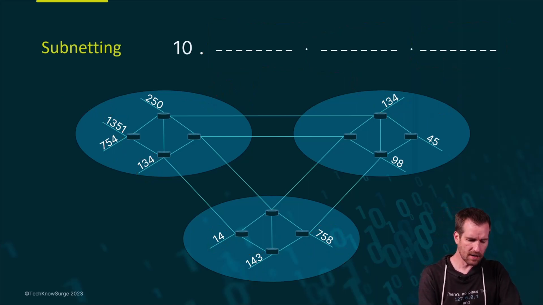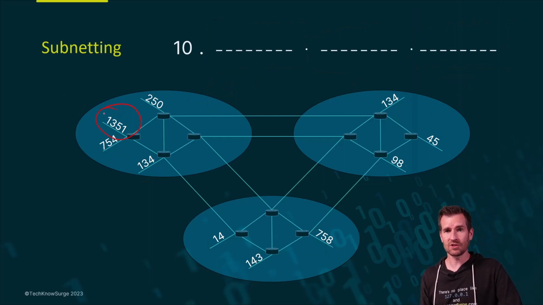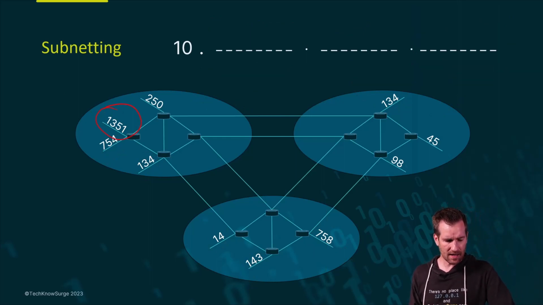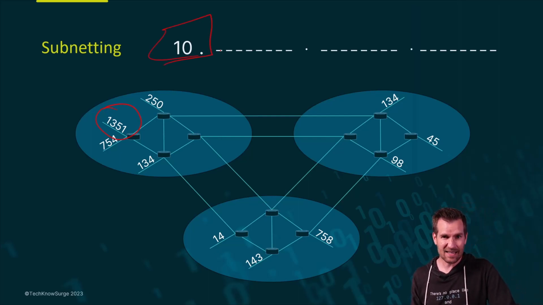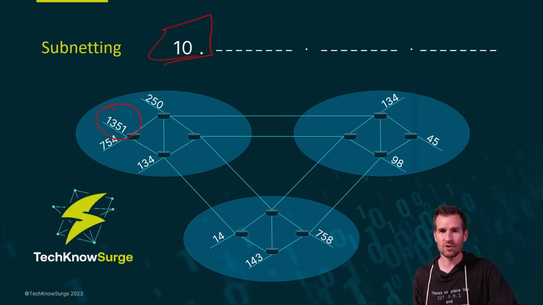In this case, we have these networks that are much larger that we're going to have to be using. If I'm using a 10 range and I'm just a medium-sized business, not an exceptionally large business, I probably don't have to use VLSM.